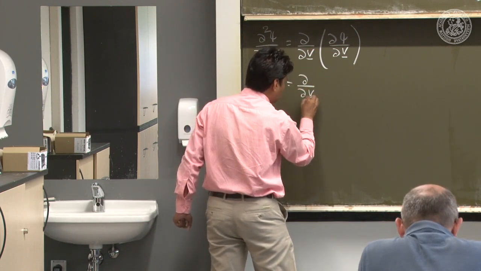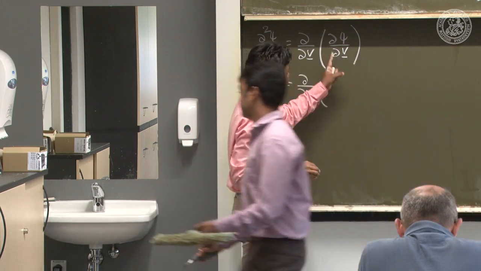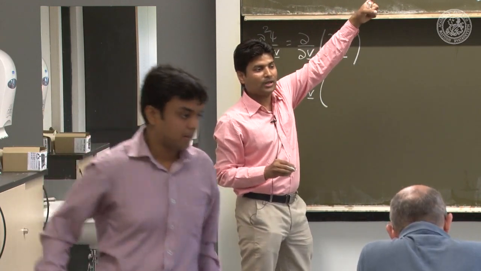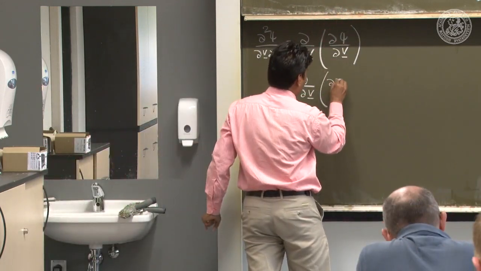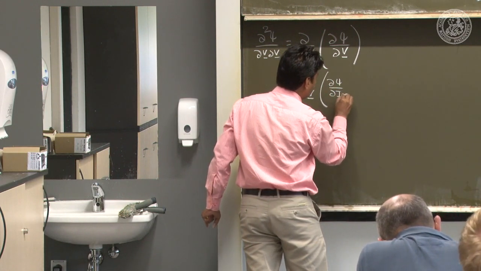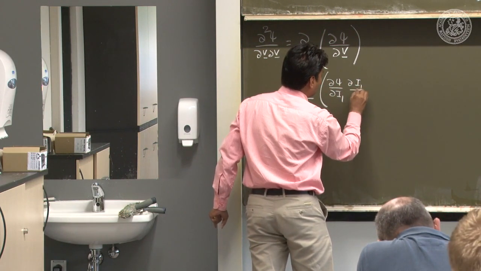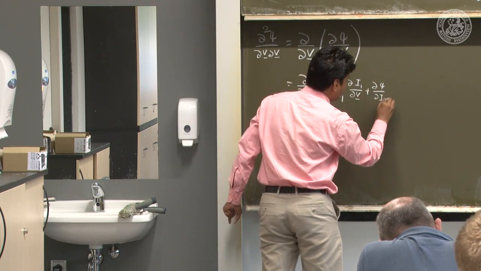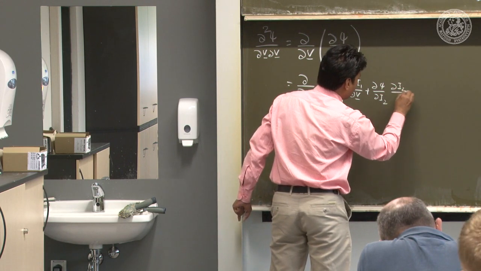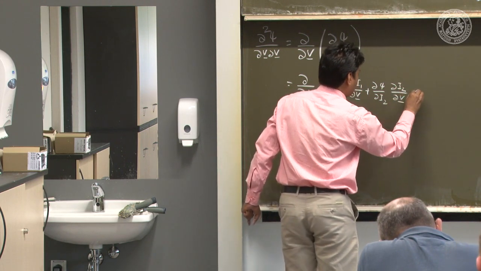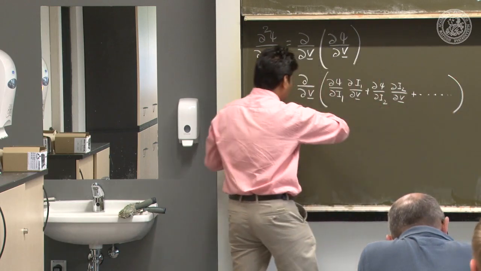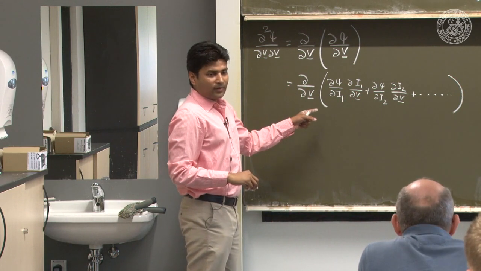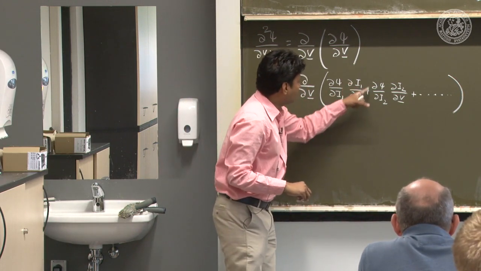But psi depends on those invariants. So you have to apply chain rule and write as del psi over del I1 into del I1 over del V plus del psi over del I2 into del I2 over del V plus you keep on doing it and then take another derivative.